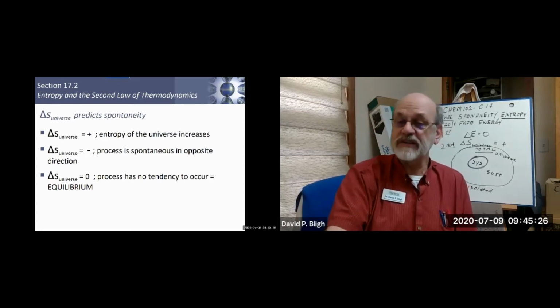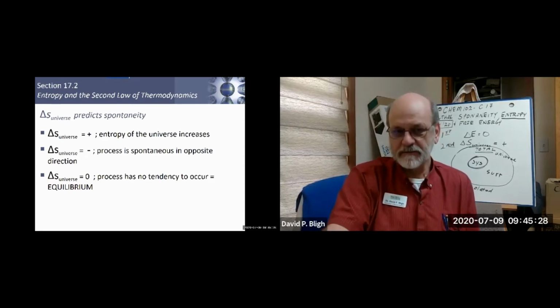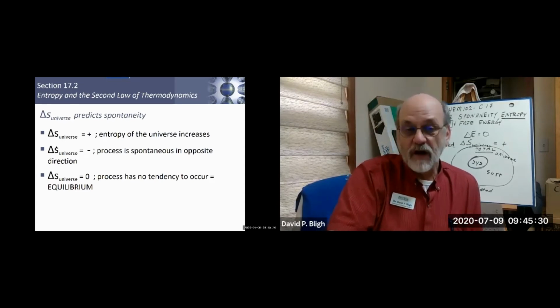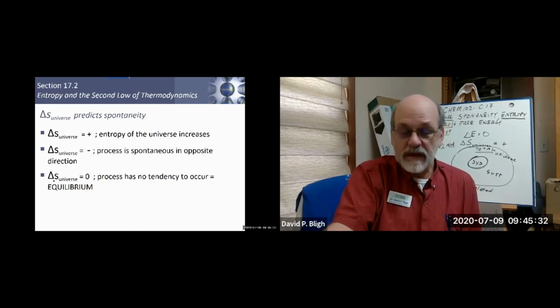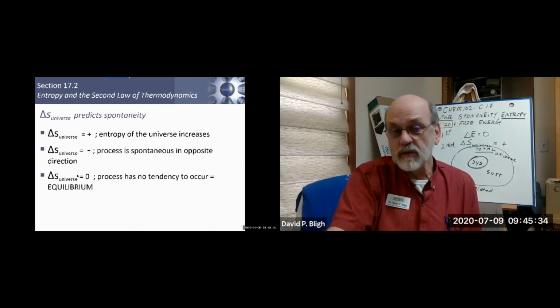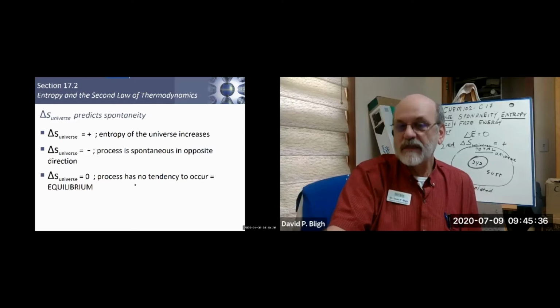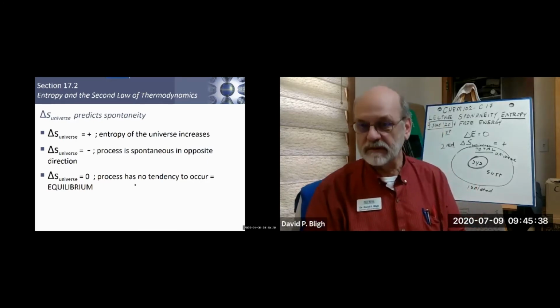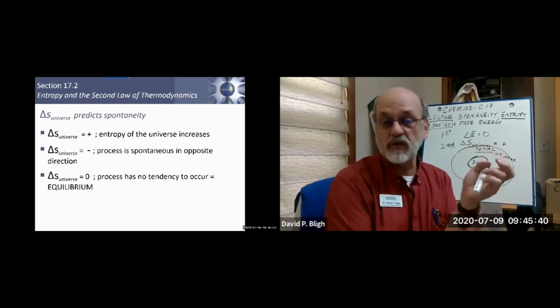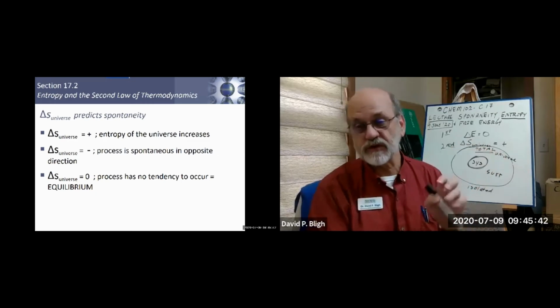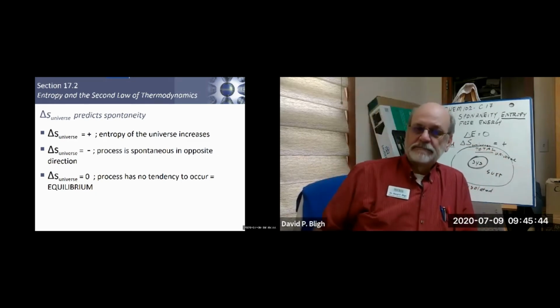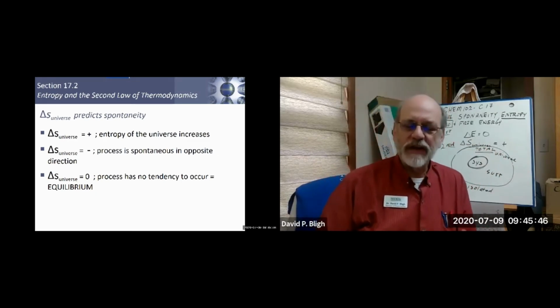Or non-spontaneous in the forward direction. And also, here's a good one. If the change in entropy is 0, then we are at equilibrium. That's a good one to remember, especially when we start solving some of our problems. If the total entropy change is 0, then the process is at equilibrium.